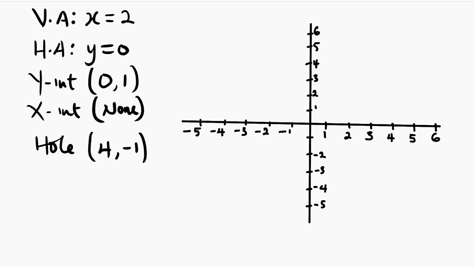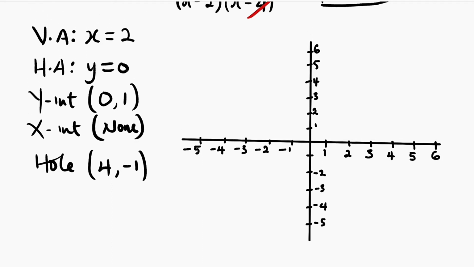All right, let us start plugging our points. Let's start with the vertical asymptote. You can see it is at x equal to 2. So at x equal to 2, it means that the curve will never cross this line. Then the horizontal asymptote is at y equal to 0, exactly on the x-axis.